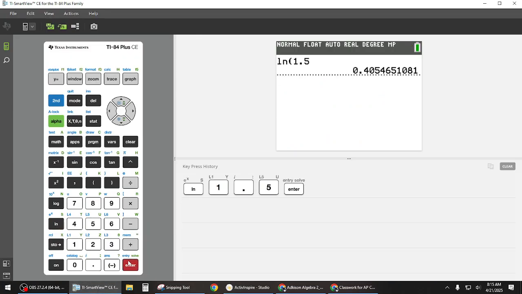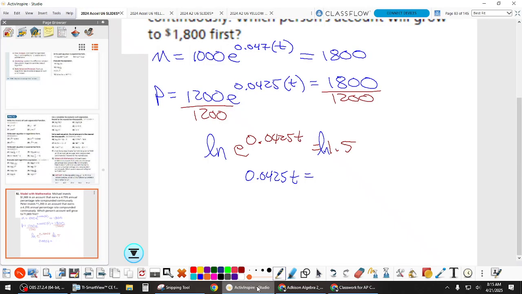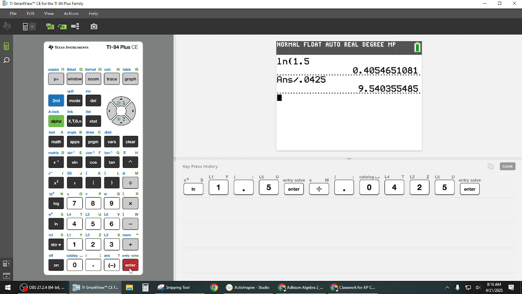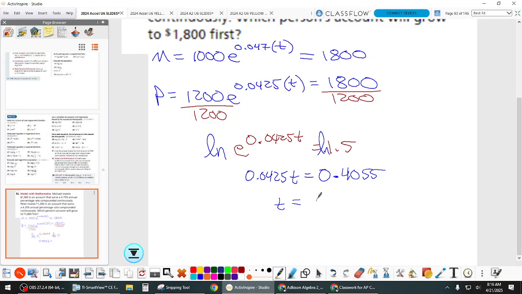Natural log of 1.5 is 0.4054, 0.4055. Okay, and then just divide. It's going to be pretty close to 10. Dang, that's a long time. Almost 10 years.